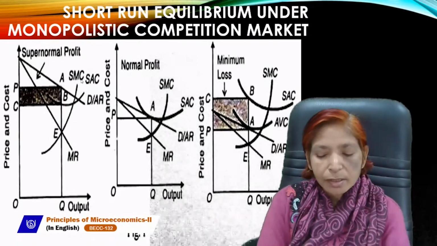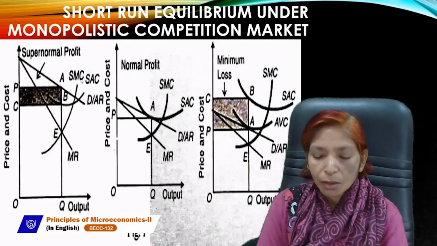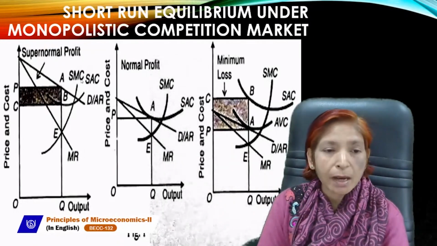When average cost is greater than average revenue, then the firm will bear losses. In the short run, anything can happen.